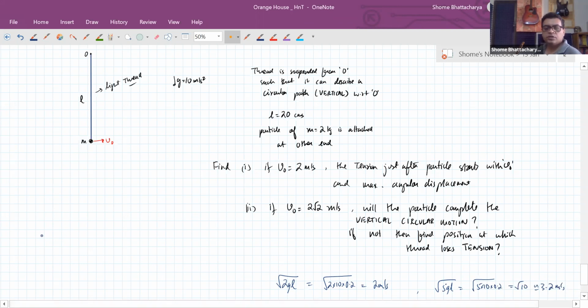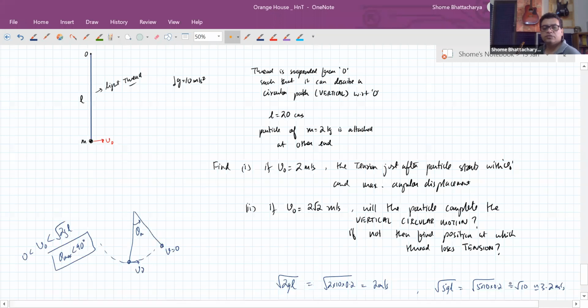So you know that for V naught less than root 2 GL, it will behave like a pendulum. What will happen is at some angle of less than 90 degrees, V will become zero. It will go back and forth like this.